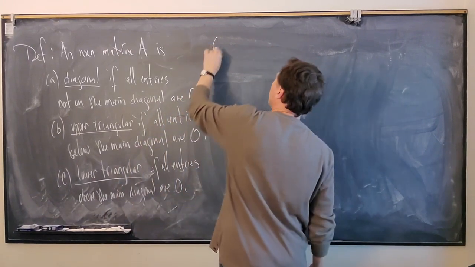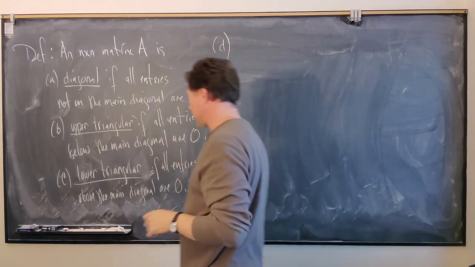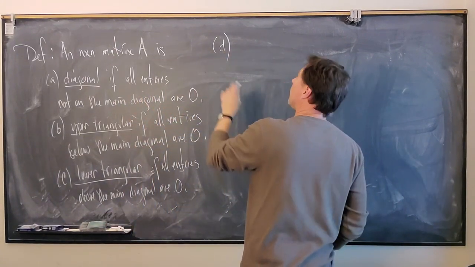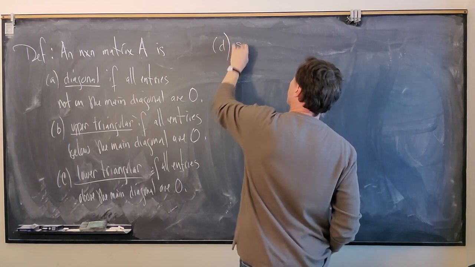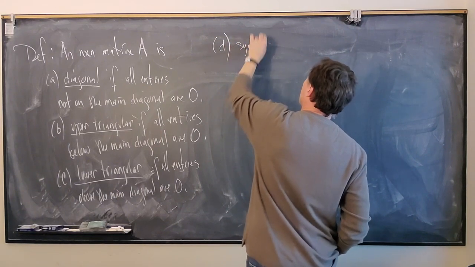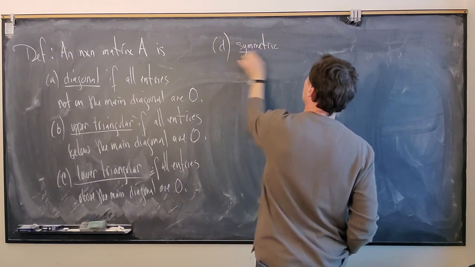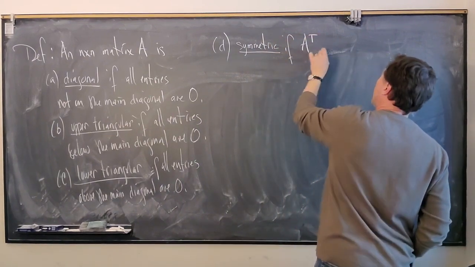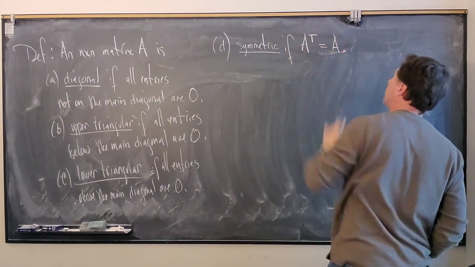And then the last piece: an n by n matrix A is symmetric if A transpose is equal to A.